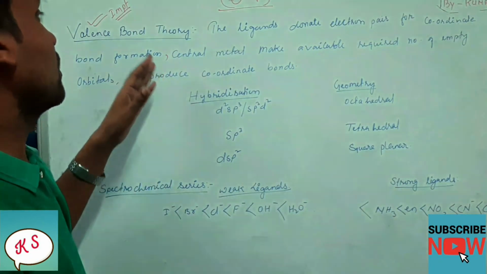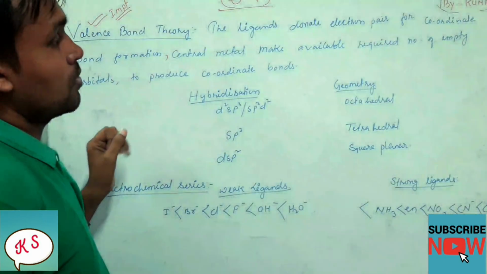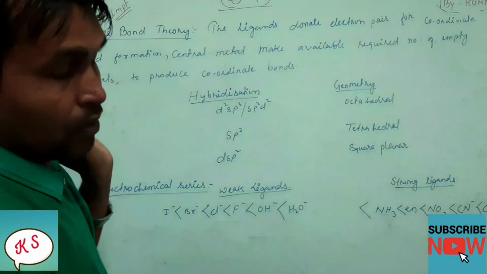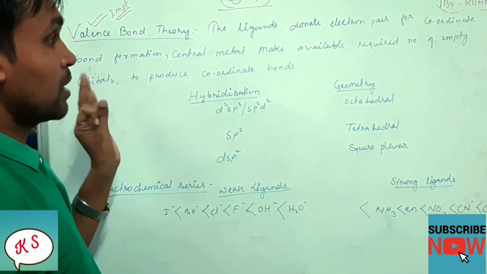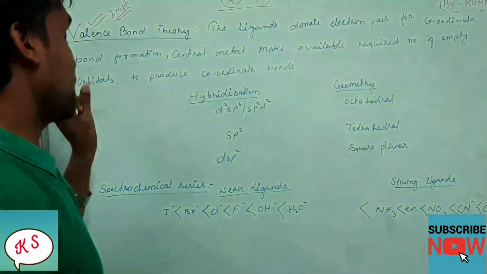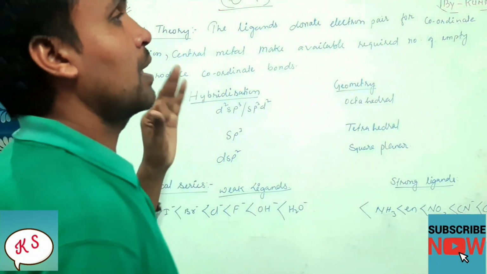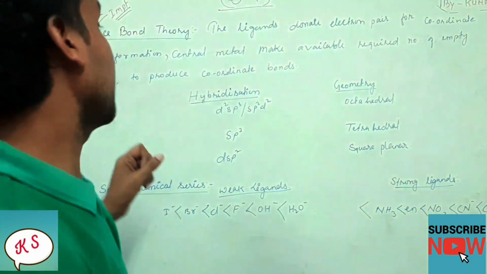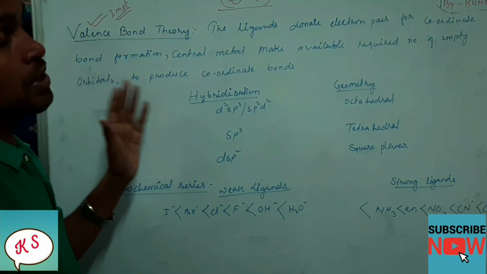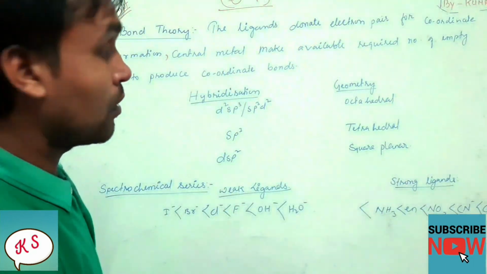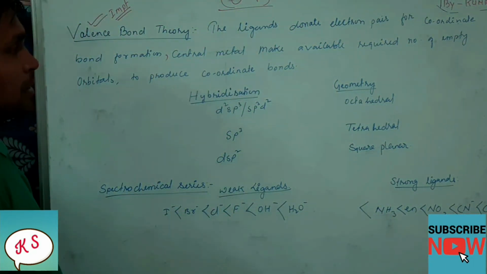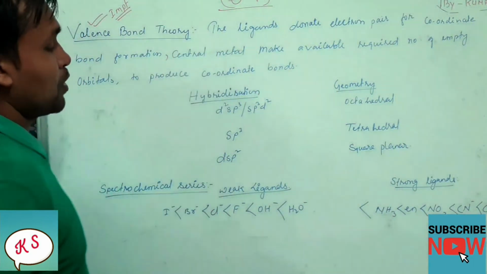According to valence bond theory, the ligands donate the pair of electrons to the central metal atom for the formation of a coordination bond, and the central metal atoms make available the number of empty orbitals to produce coordinate bonds. You have to keep this in mind. This is also called VBT theory.